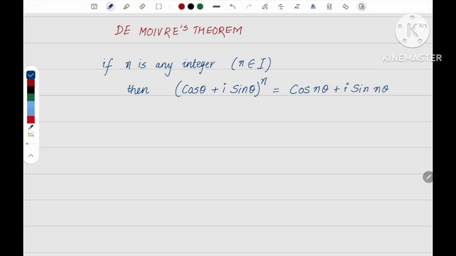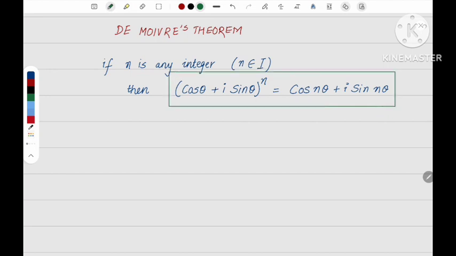This is precisely De Moivre's theorem. This is very important, and believe me, when I start telling the application of this, or rather how to apply this in solving problems in complex numbers, things are going to be very easy. So this is De Moivre's theorem.